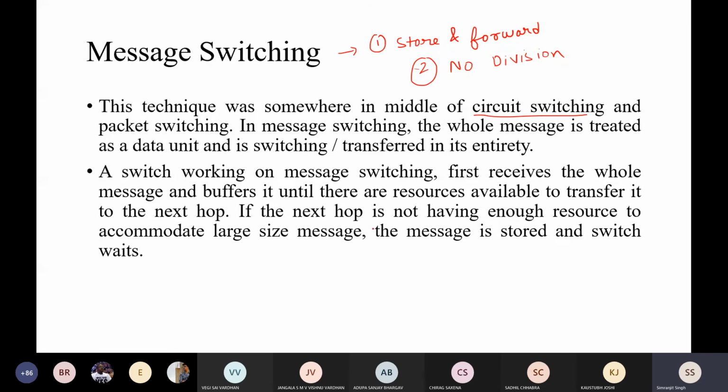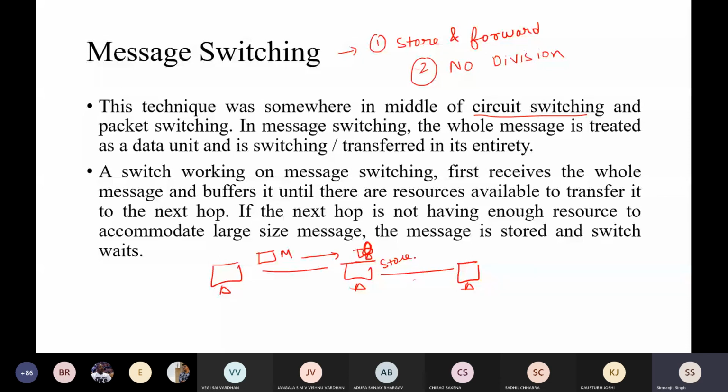Everything will be similar. The only advantage of this is that the message is not divided into sub parts. If there is a computer on the way, the message will be sent across that computer, and this particular network device has the capability of storing the message. When it stores the message, it will see if the link is free.